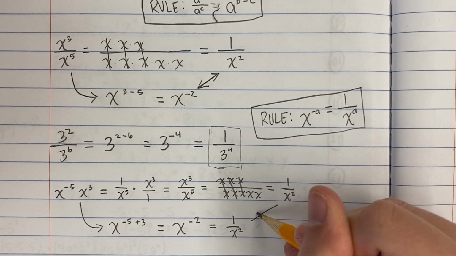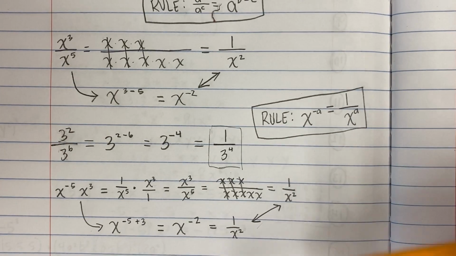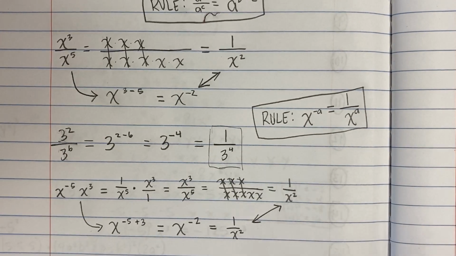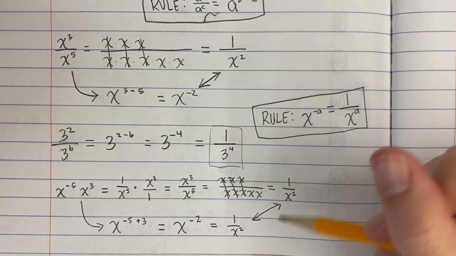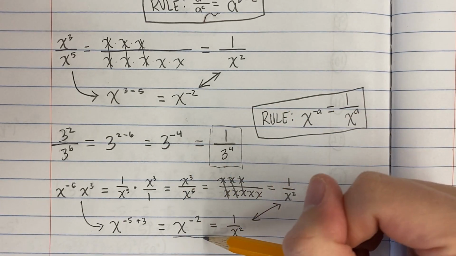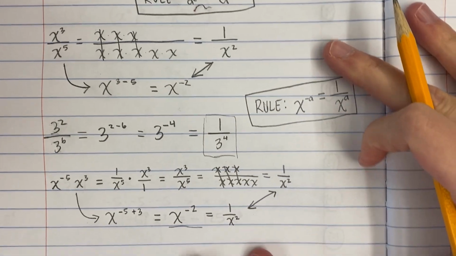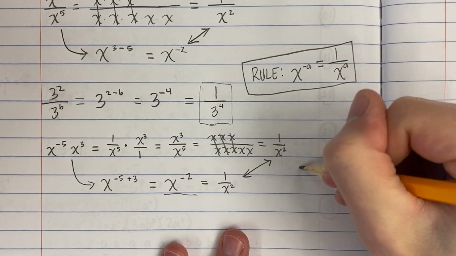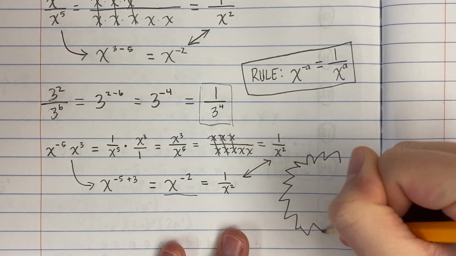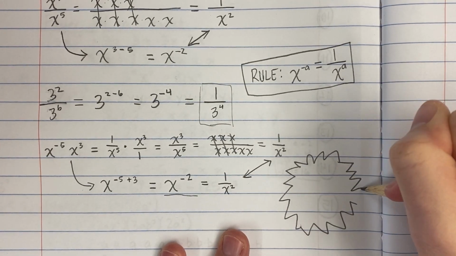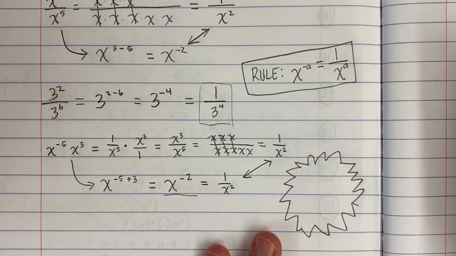So notice I get the same answer no matter which way I think about it, and no way to think about it is more correct. But the thing that you need to know is that this is not what you ever write in an answer box. Because here's the math rule. Make yourself a little box that you won't forget to look at.